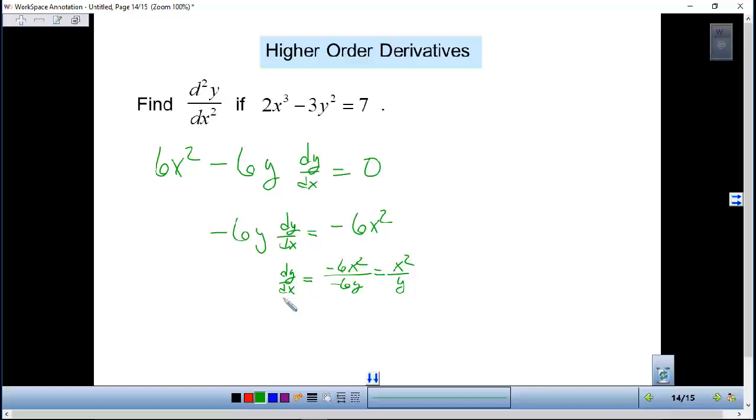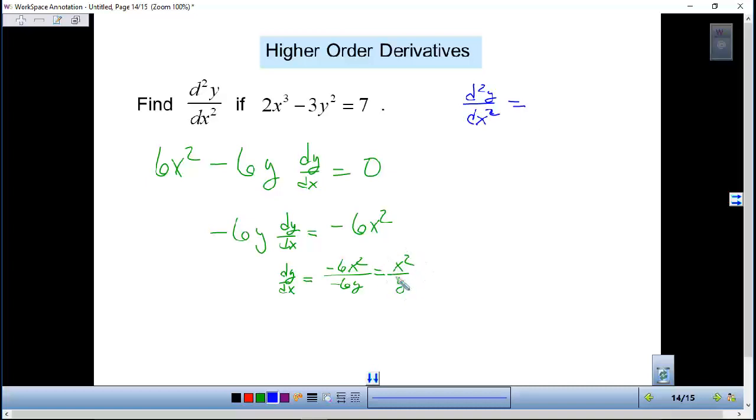So now to find the second derivative, we have to take the derivative of this thing. So let's move over here, and I'm going to change colors just so you don't get them mixed up. And we know that to find the derivative of this, we're going to end up with d squared y over dx squared. That's the notation of the derivative of dy/dx. And we have to take the derivative of this.